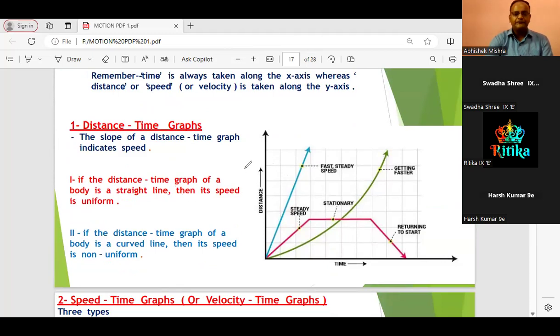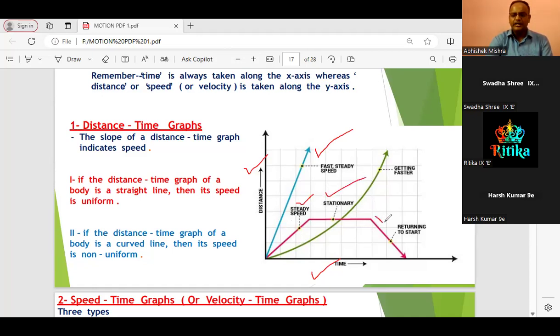If on one axis distance is plotted and on the other axis time is plotted, then this is called a distance-time graph. You can see, students, many forms are given here. One: a fast steady speed, continuously increasing, but after some time it becomes stationary, that means no change.